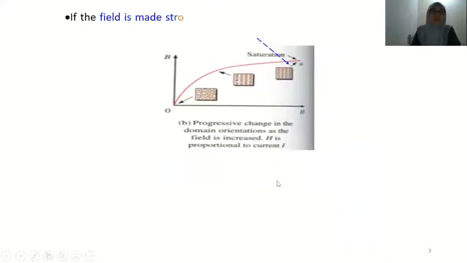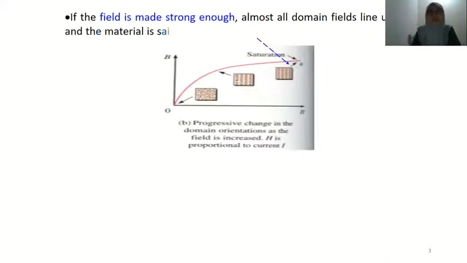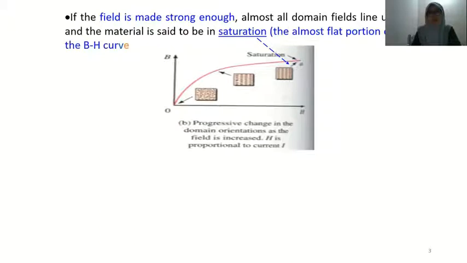Now if the field is made strong enough, almost all domain fields are lined up and the material is said to be in saturation, the almost flat portion of the B-H curve. This is the saturation value where the field is made strong enough.